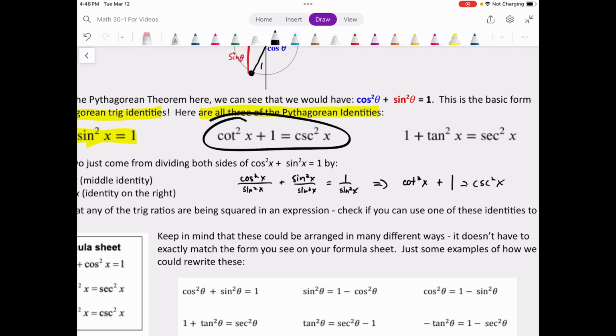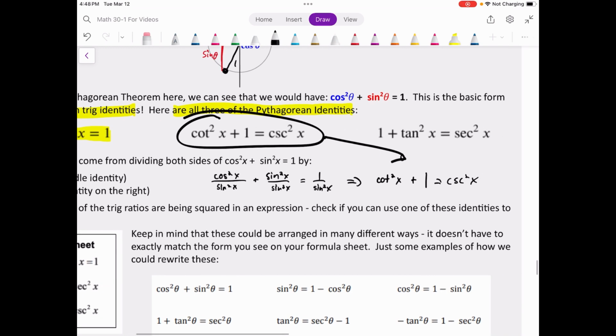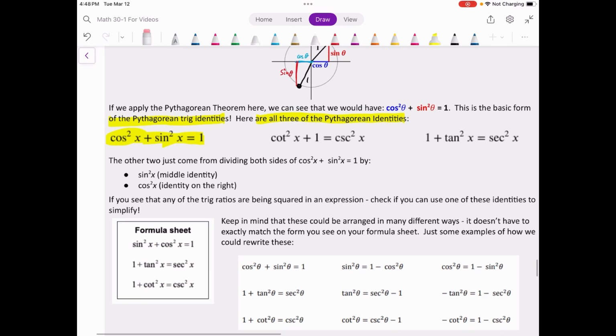Same thing, right? So it really is just sine squared plus cos squared equals 1, but it's what we get if we play with it a bit and ask whether there are any other relationships we can pull out. If we divide both sides by sine squared, we get this one. Same thing for this one, but if you divide both sides by cosine squared x, I maybe won't show all my work, but just talk through it.